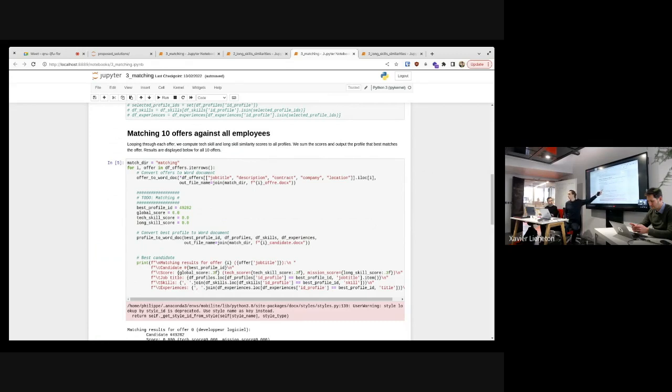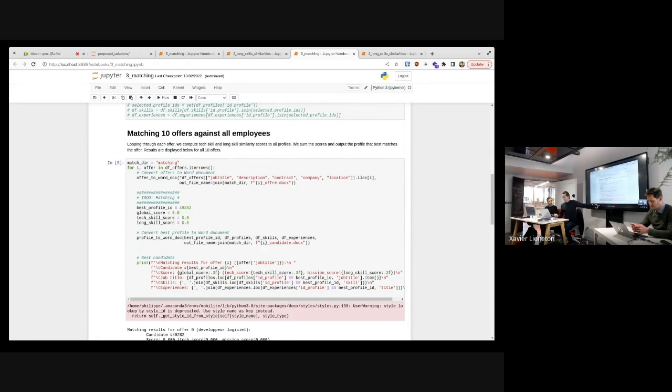That's for you to fill in. You can even have some scores if you want, or not. You can leave them at 0. Basically, you take these 10 offers, and for each offer, you put your function here, and it should give you the best ID. The rest will generate.